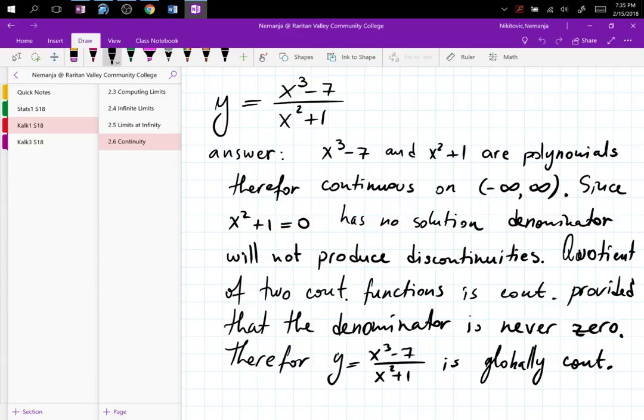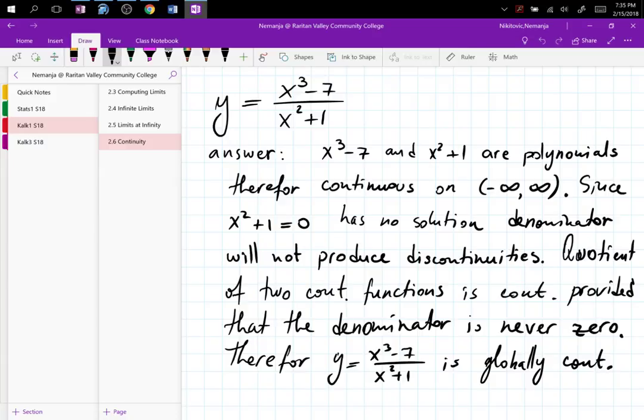So you show your knowledge that you know these are polynomial functions. The theorem stated they're all globally continuous. Great. And then the function composition of these is also going to be globally continuous.